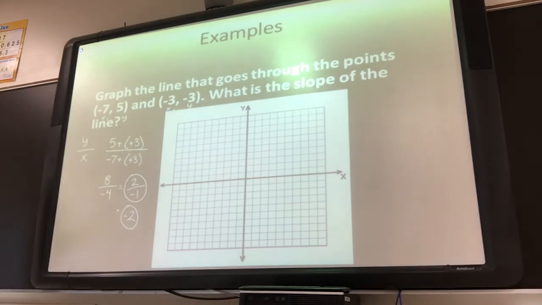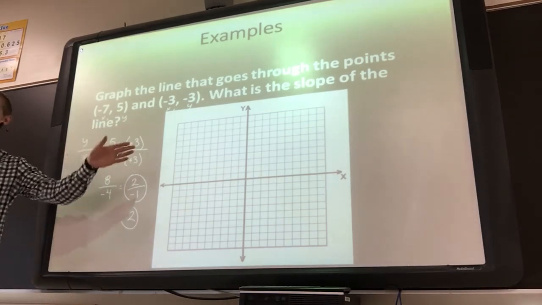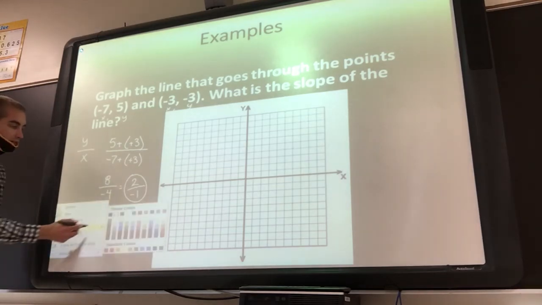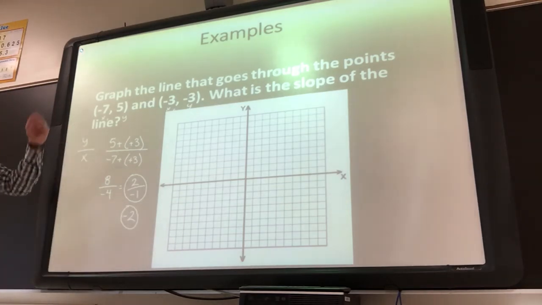So you can always count out the slope, but I think the best thing to do is to subtract the points. Because if you subtract the points, you're going to get it exact. Sometimes the graph with your pencils might be darker, or you might hit a line that you shouldn't hit. So subtracting is always the best way to do that. Then we can plot those 2 points and we'll graph the line.